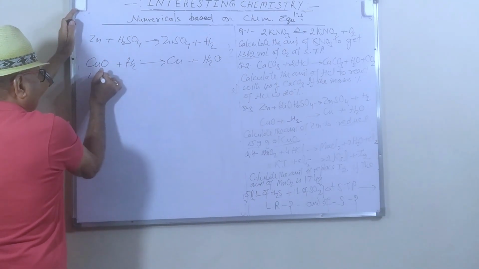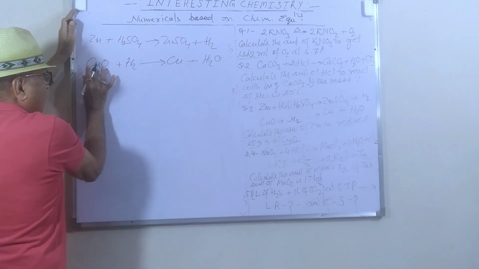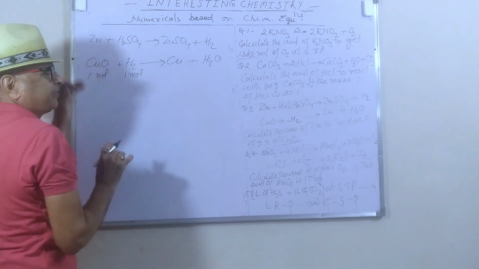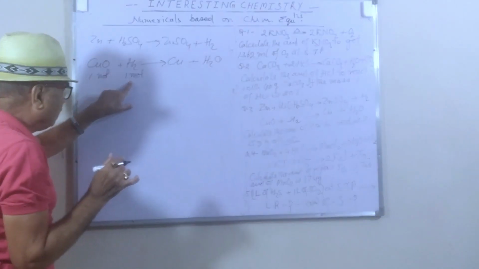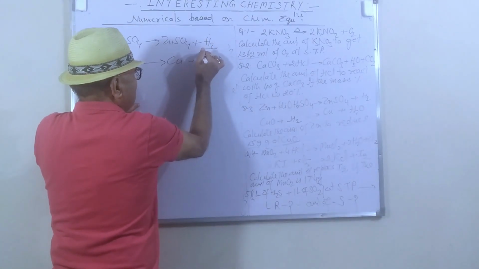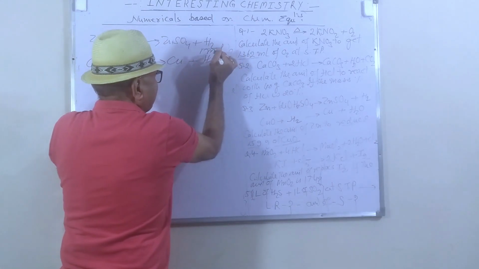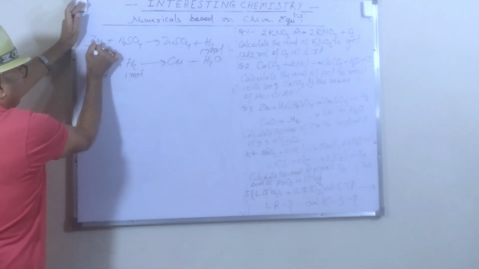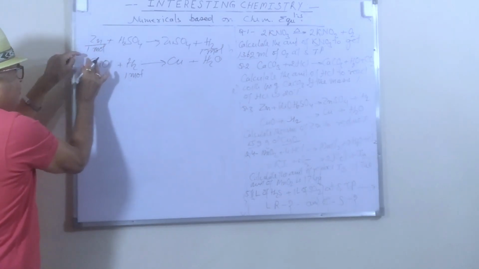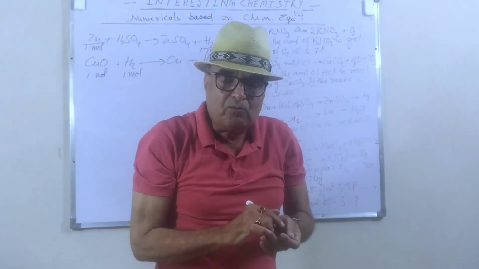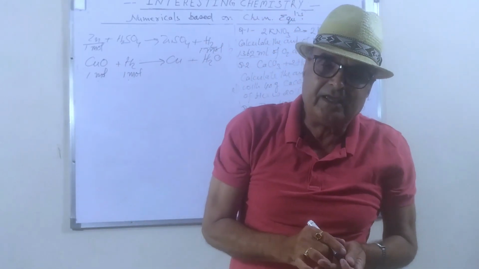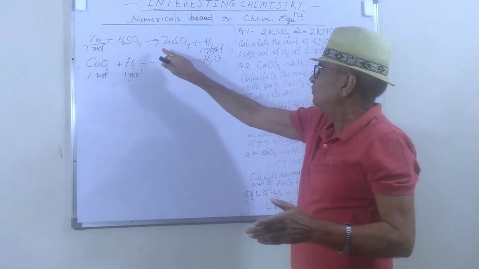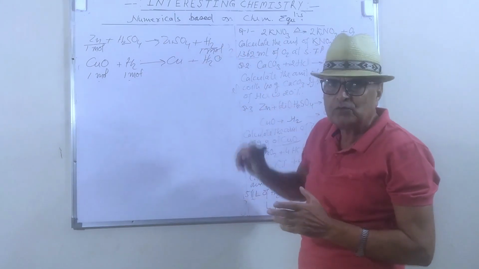Here 1 mole of CuO is reduced by 1 mole of hydrogen, and this 1 mole of hydrogen can be produced by 1 mole of zinc. Or in another way you can say, when 1 mole of zinc is reacted with H2SO4, then 1 mole of hydrogen is produced.